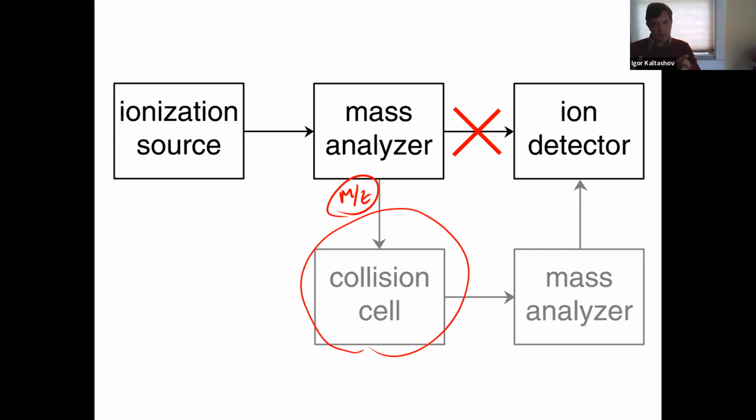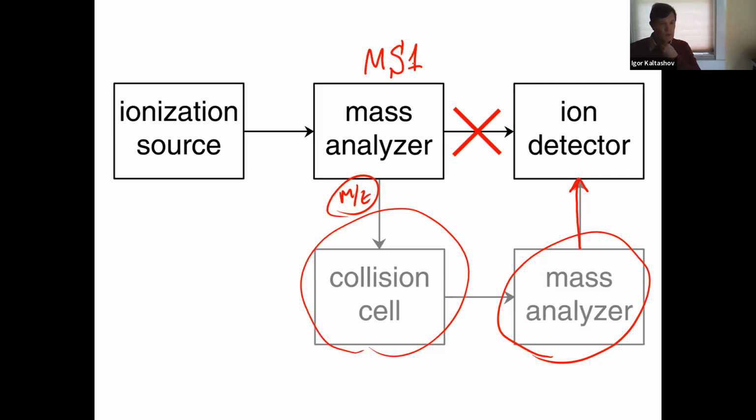And the collision cell serves only one purpose, it allows you to fragment your ions. So now you produce fragments, and then you use a second mass analyzer to determine M over Z ratios of your fragments. So you separate them according to M over Z ratios, and only after that you detect them, right? So essentially you have MS1.